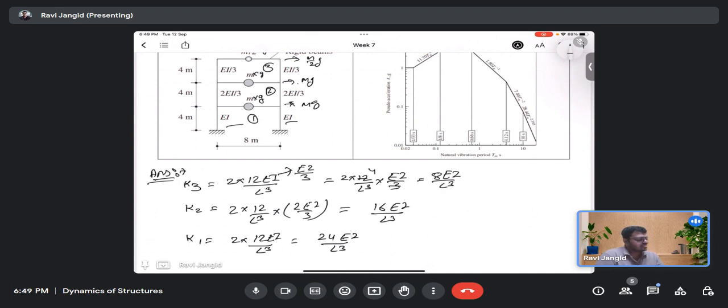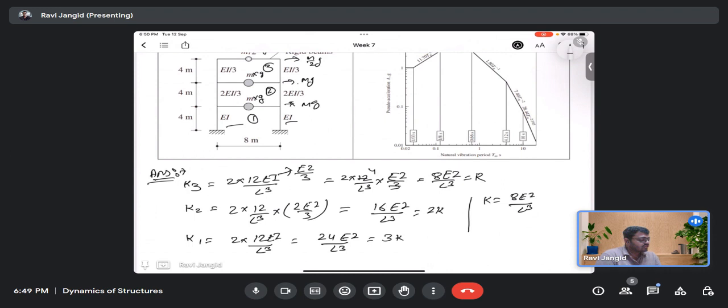For simplification, I am writing 8 EI by L cube as k. So I can write the second as 2k and the third as 3k, where k is 8 EI by L cube.